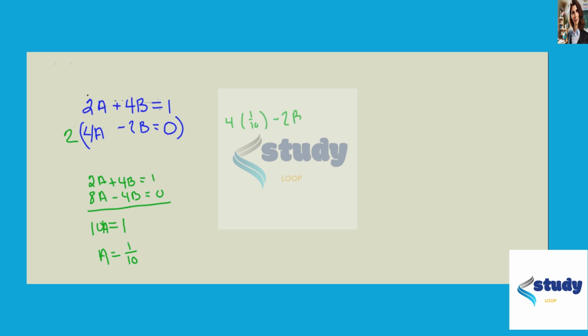I'll put it back in here. So I have 4 times 1/10 minus 2b equals 0. So this is 4/10, or 2/5.